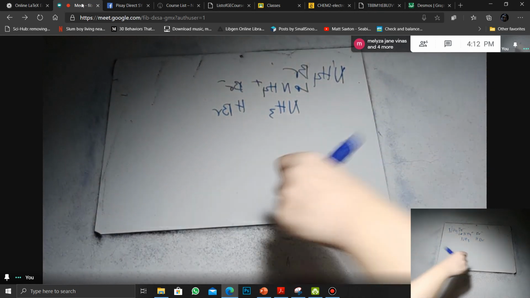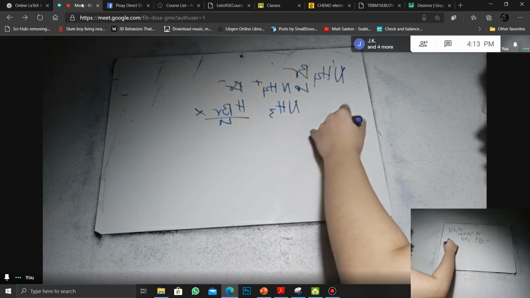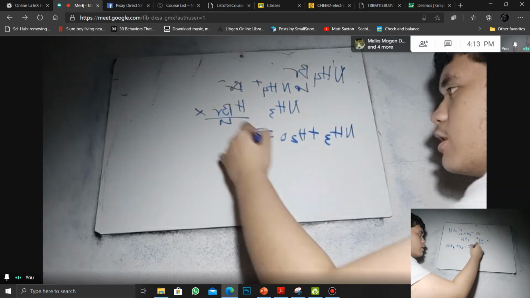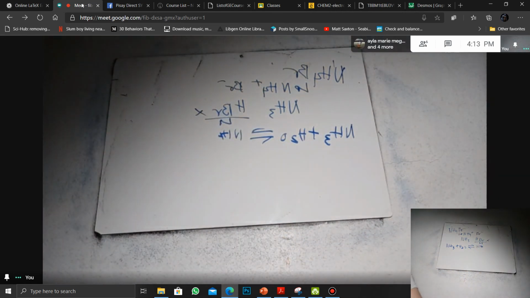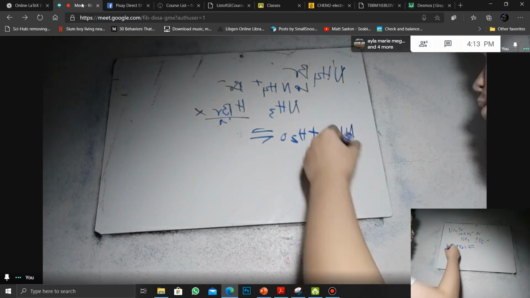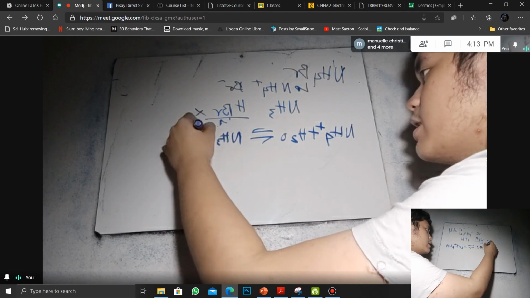Pero our solution is acidic, no? So, NH3 plus H2O forms NH4 plus, mali, baliktad. NH4 plus forms NH3 plus H3O plus, no?